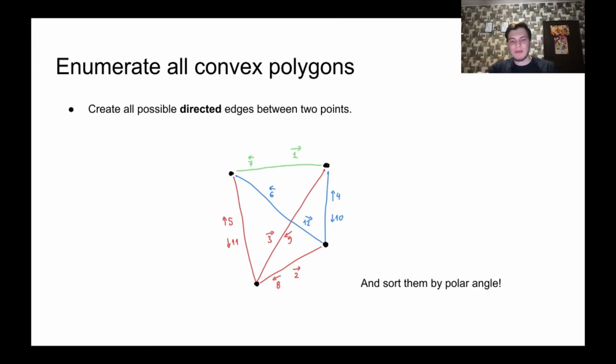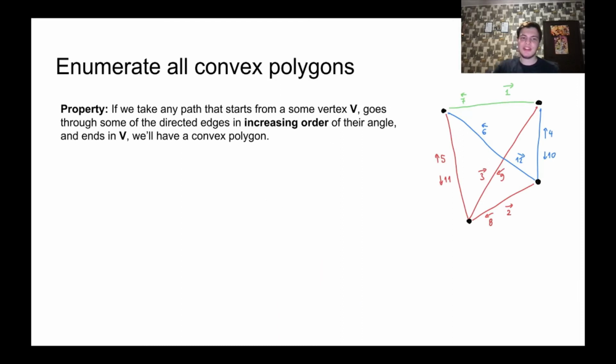We do this because there is a very nice property if we sort all directed edges. The property is that if we take any path that starts from some vertex v, or by vertex I mean point, and we go through some directed edges, like if we start from this point, we can go here, then here, then here, and so on.